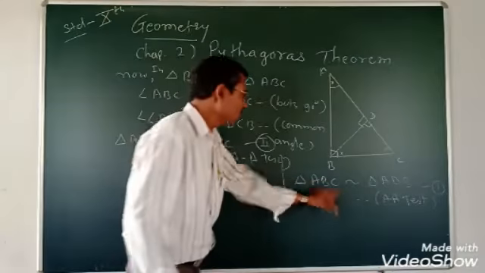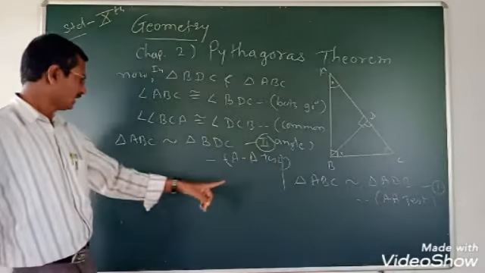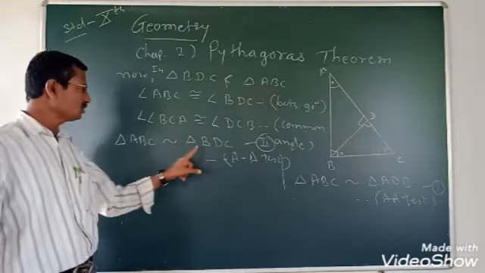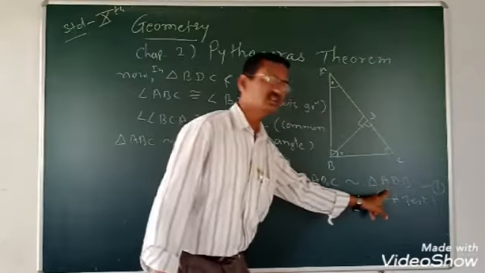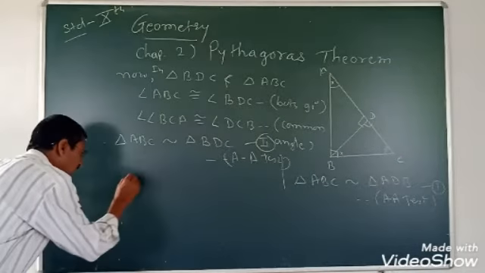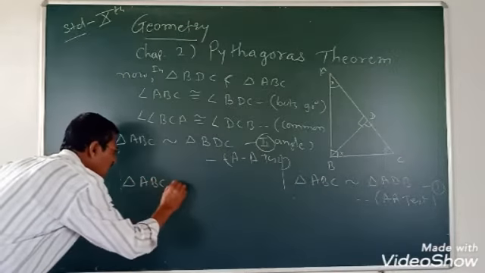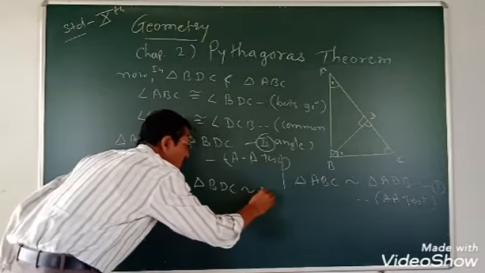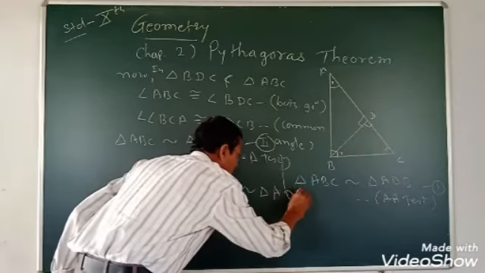Now from 1 and 2, check equation 1. Triangle ABC is given here. Here also triangle ABC is given. It is similar to this triangle and it is similar to this triangle. Means from 1 and 2, triangle ABC is similar to triangle BDC is similar to triangle ADB.